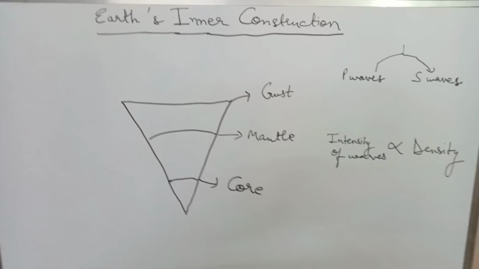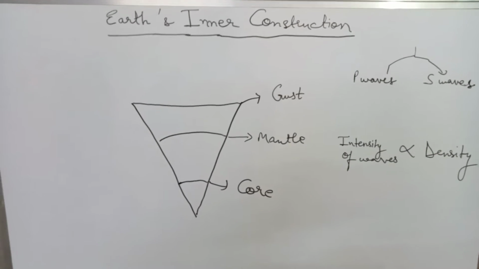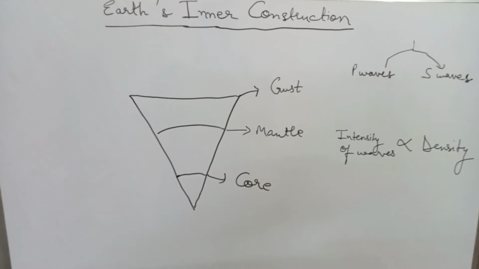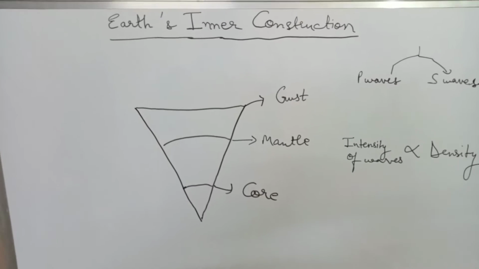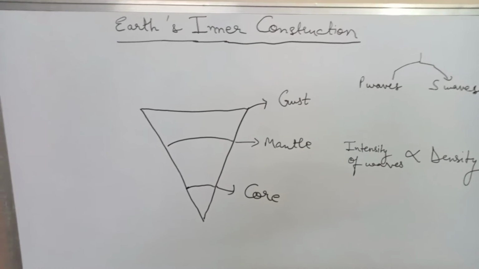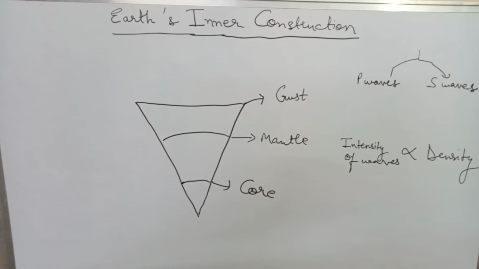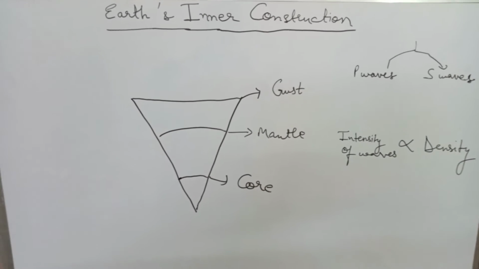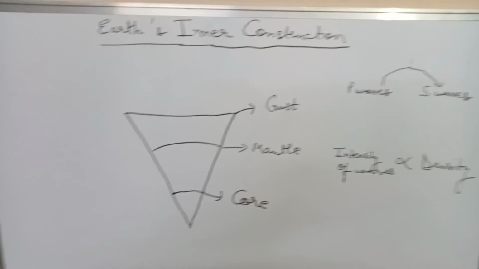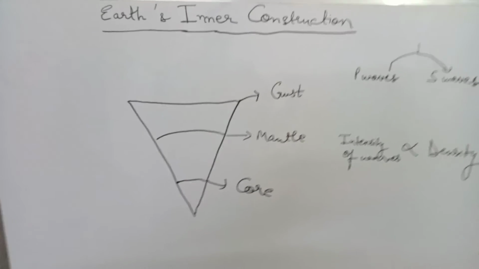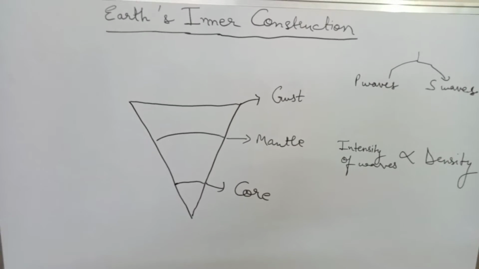Now coming to the different kinds of waves that we encounter during an earthquake. Whatever Richter scale earthquake hits, it causes disturbance in different ways.